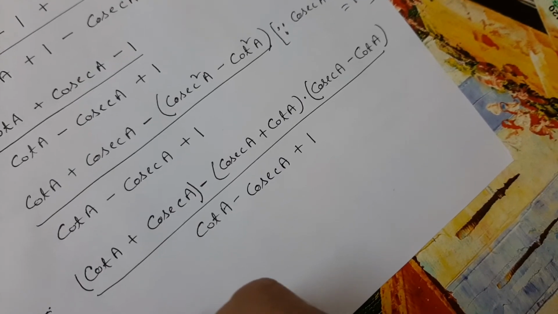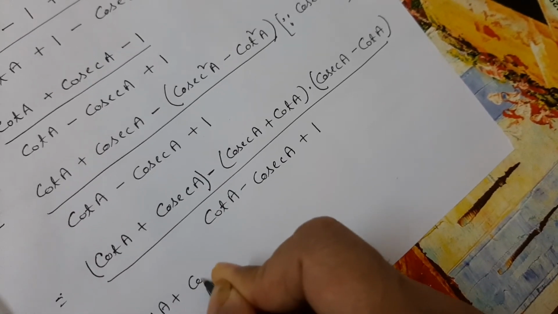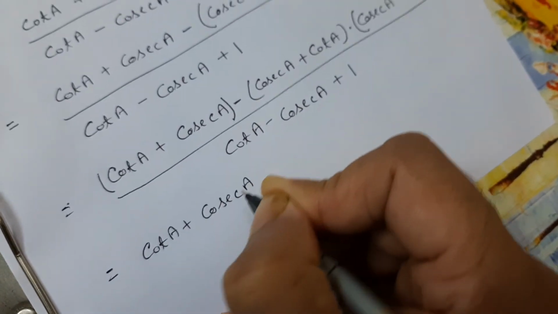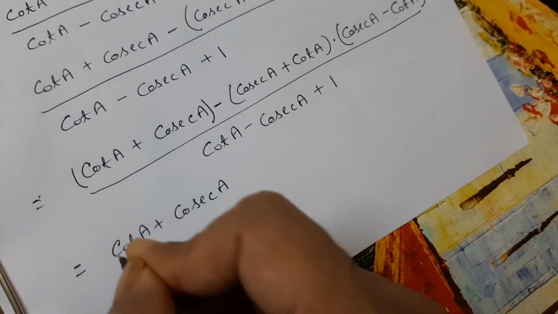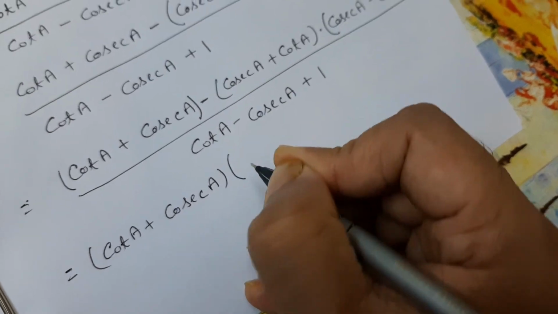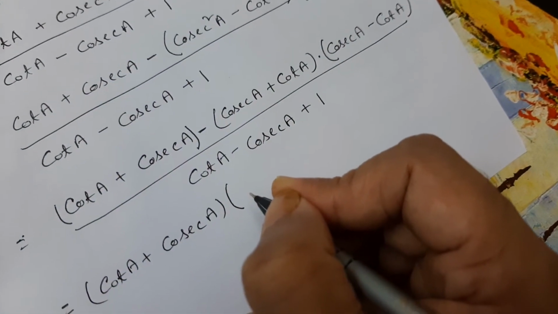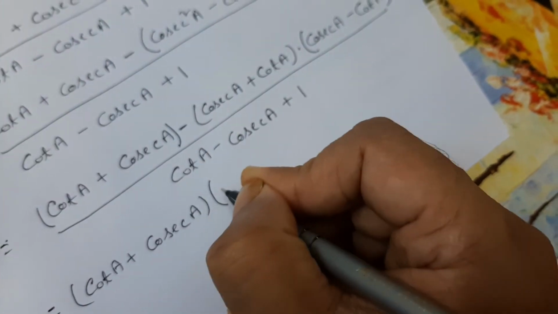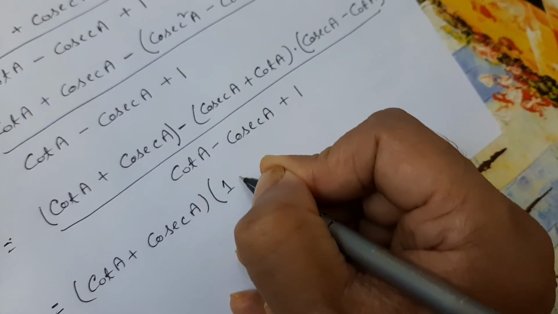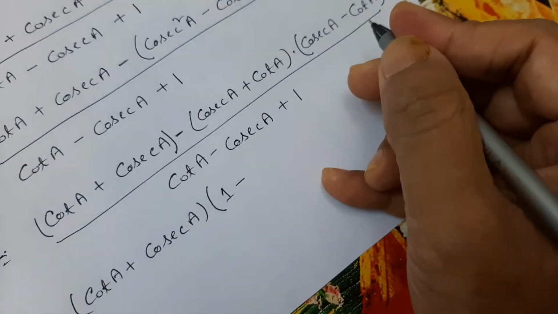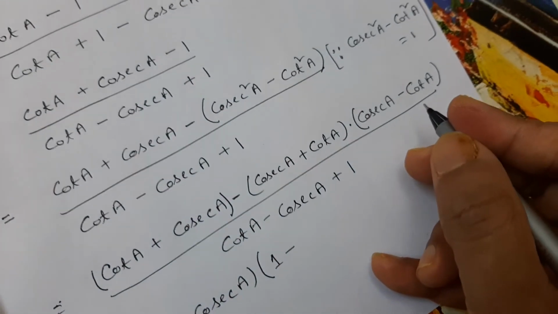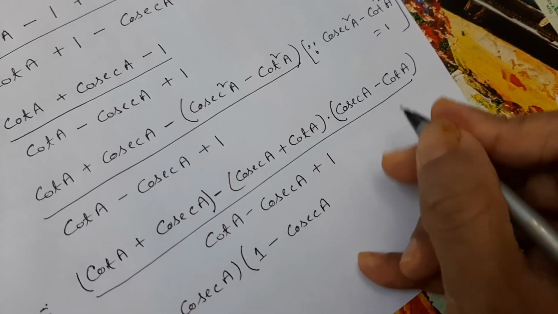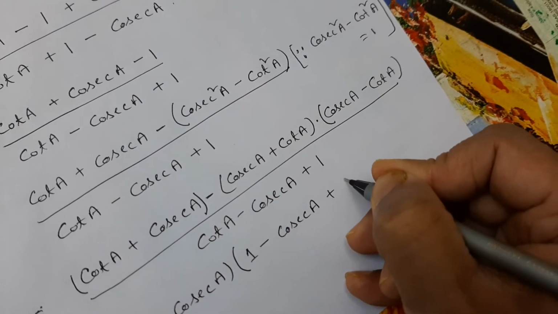So take common cot A plus cosec A. So left, that is remaining part is 1, cot A plus cosec A common, so remain 1, 1 minus cosec A minus cot A, so minus cosec A and minus minus plus cot A.